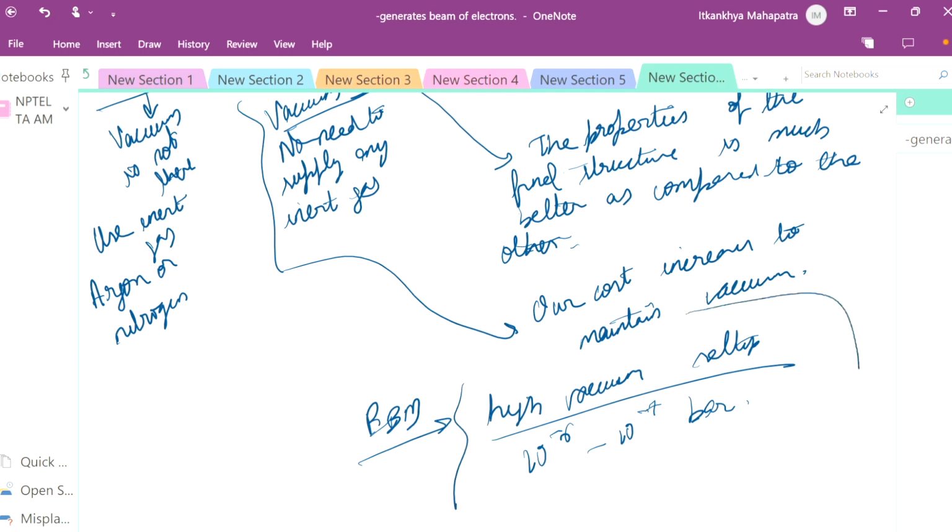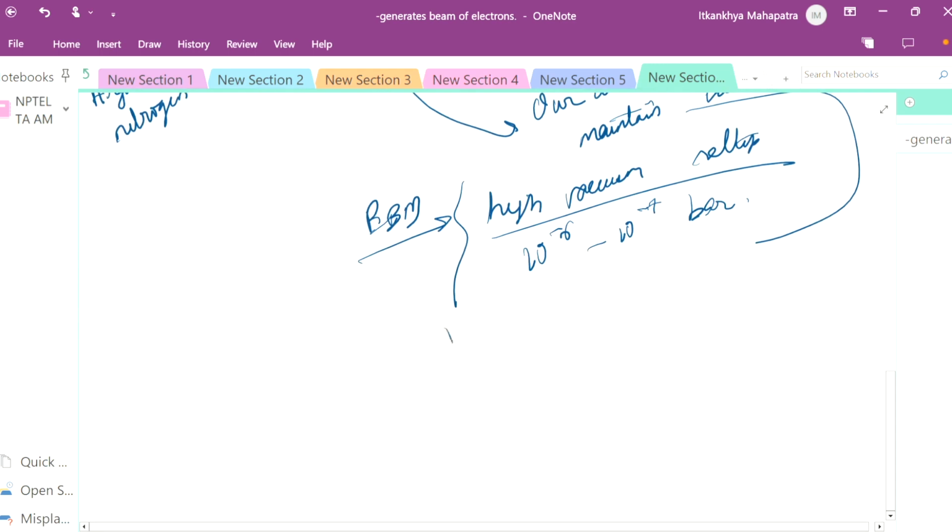For this we need a pump. In your assignment you also have a question asking which type of pump is required to generate a very low vacuum. I think the answer will be the rotary.